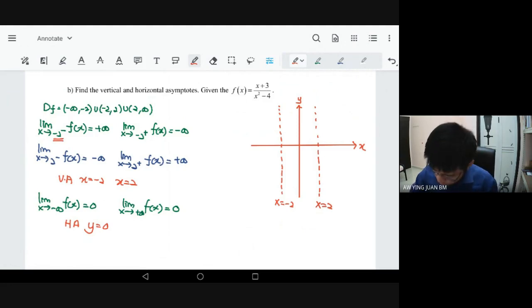Positive infinity. Bermaksudnya sini. Negative 2 from the right. Kita dapat negative infinity. Di sini situasi dia. Teruskan. 2 from the left. Kita ada negative infinity. Then 2 from the right. Kita ada positive infinity. So itu adalah dia punya hints lah. Teruskan. Y equals to 0 adalah kita punya horizontal asymptote.